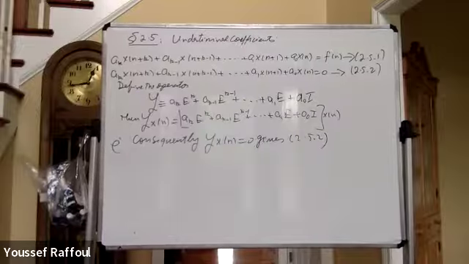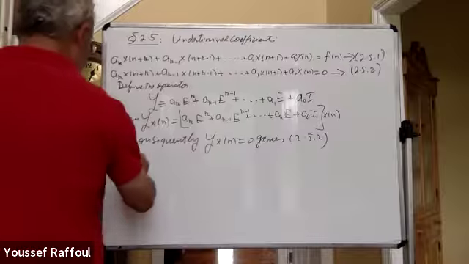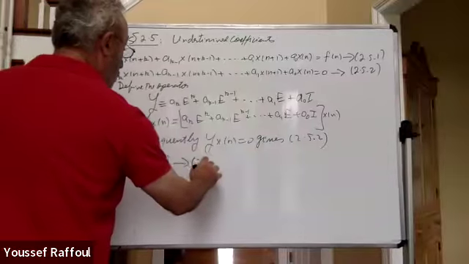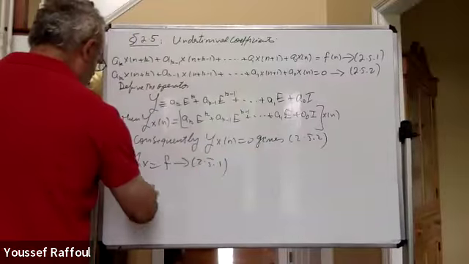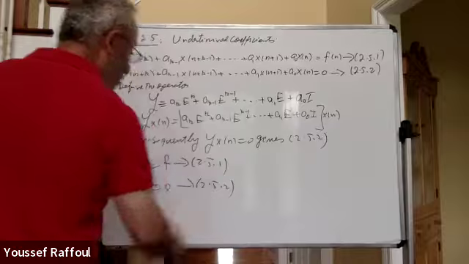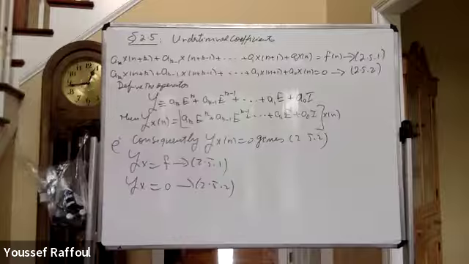That is nothing but 2.5.2. And so L x = f is 2.5.1 and L x = 0 is 2.5.2. Okay?